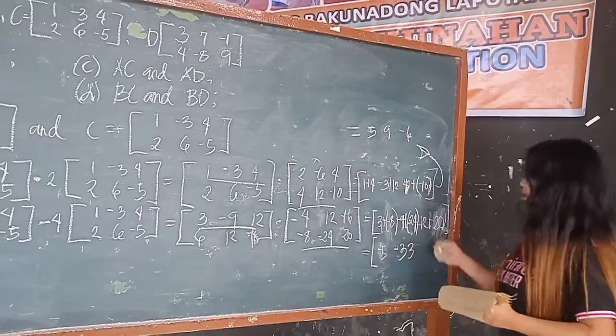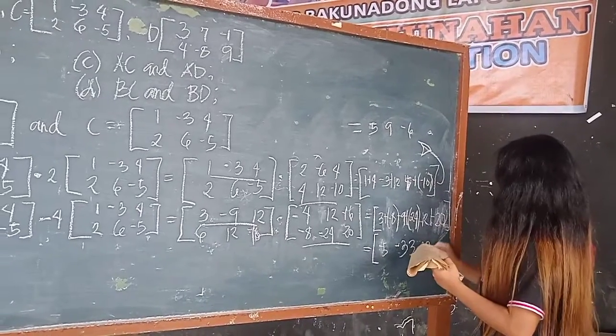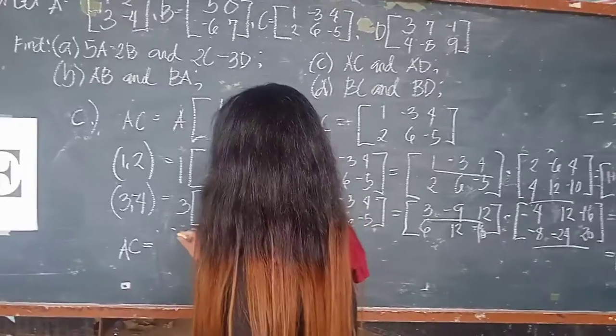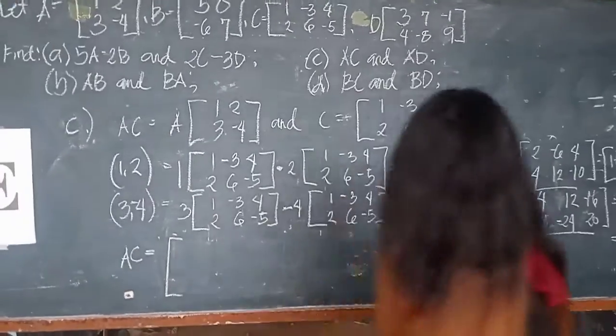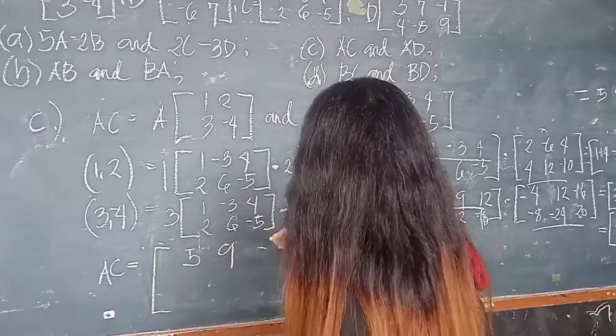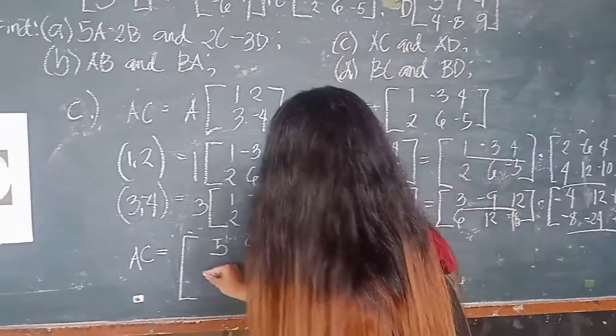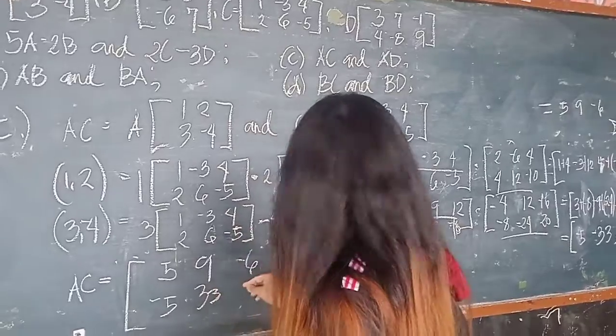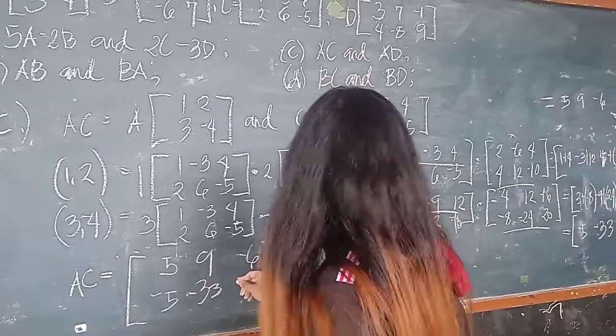And 12 plus 20 equals 32. So that's it for the value of 3 and negative 4. So therefore the answer is 5, 9, negative 6, and negative 5, negative 33, and 32.